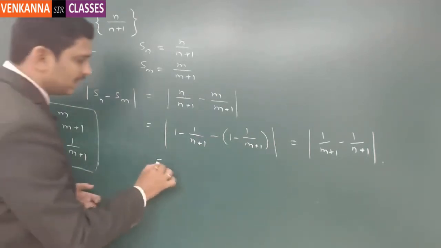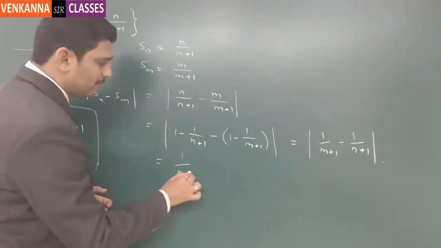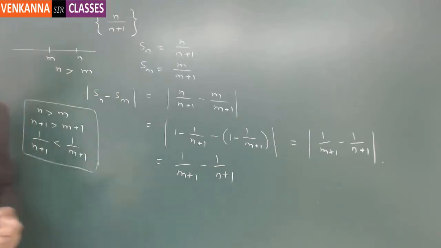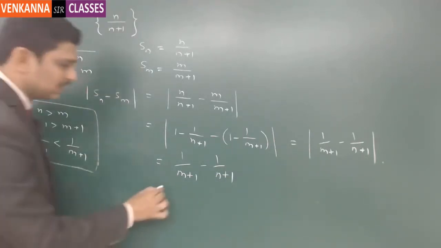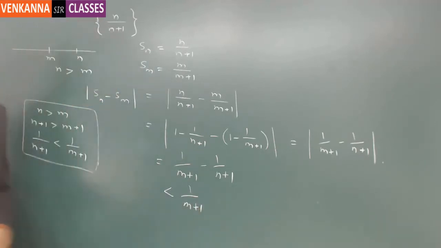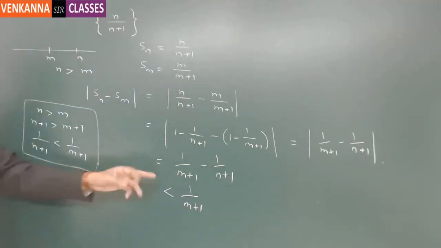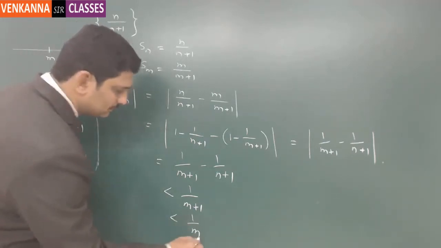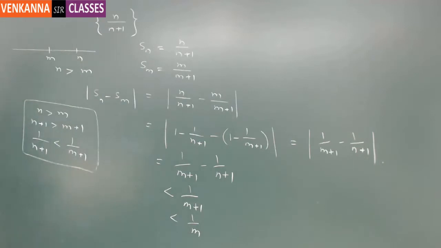So this is equivalent to 1 by m plus 1 minus 1 by n plus 1. And obviously I can say that this is less than 1 by m plus 1, because you are taking something out of this one. Again you can say that this is less than 1 by m. Accepted?